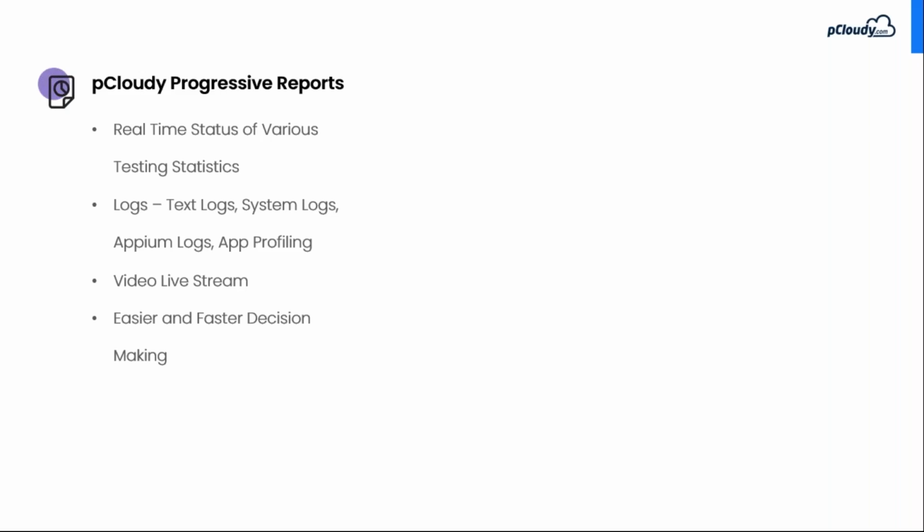If you look at the slide, we are saying that we will provide you a whole lot of information beyond what we currently provide. We will be providing you the real-time status of various testing statistics, logs, videos, and a few more statistics. This progressive report is supported for automation.